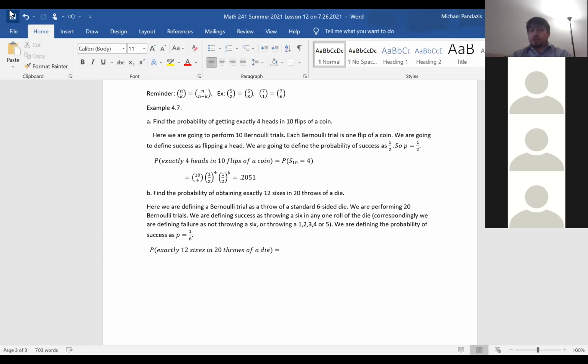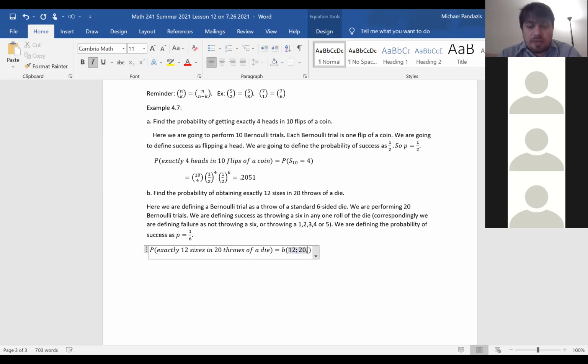We just have 20 Bernoulli trials, with the probability of success being 1/6, and we want to find the probability of 12 successes out of 20 Bernoulli trials where the probability of success is 1/6. So the probability of exactly 12 sixes in 20 throws of a die is equal to, using our mathematical notation, B of 12 colon 20 comma 1/6.